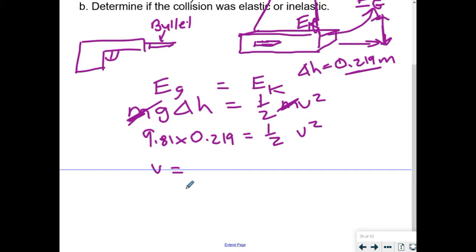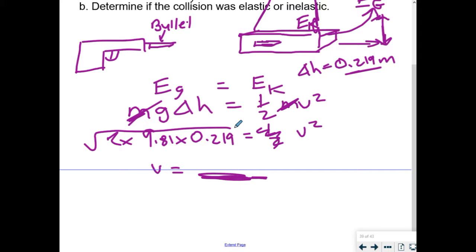Okay. So first I'm going to solve for that velocity. Then we're going to talk about what we've actually discovered, because that's the essence of what we're doing here in this Physics 30 course, is trying to figure out what velocity do we even solve for? Like the velocity of the bullet, of the block, before or after. But first let's solve for this value, because you guys should be able to do that, right? Times both sides by 2, square root.